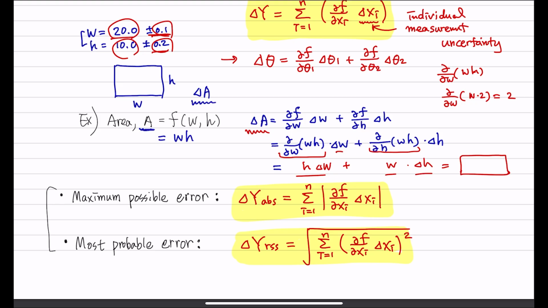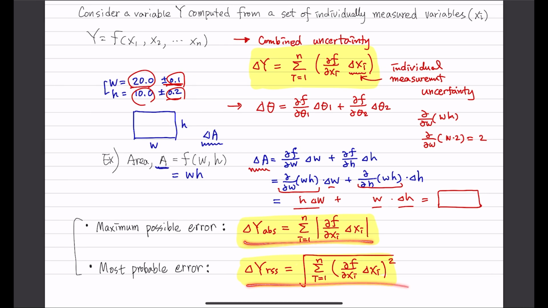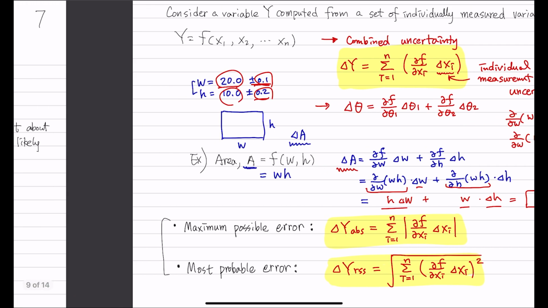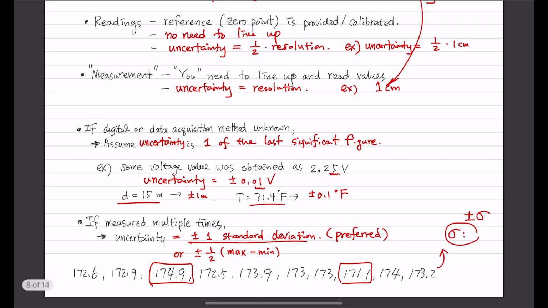These equations are all coming from the textbook, so you guys can later take a look at the equations over there. But just to give you a little bit of idea what these are, in the previous page we just talked about how there are different ways of determining or defining the uncertainty, right? Especially if you had multiple measurements, there's one way of defining the uncertainty as the standard deviation, and some people define it as max minus min and half.